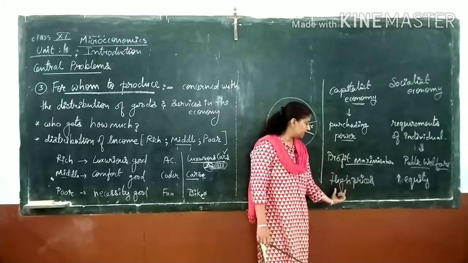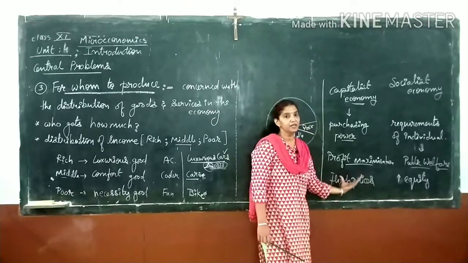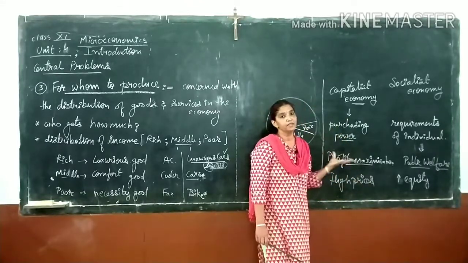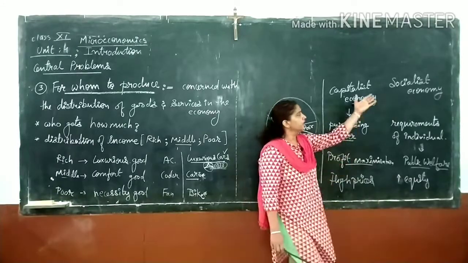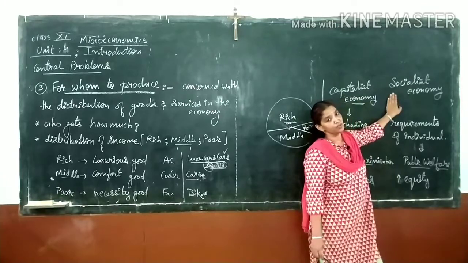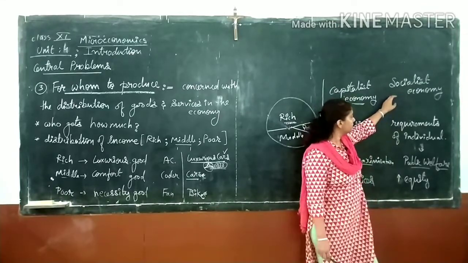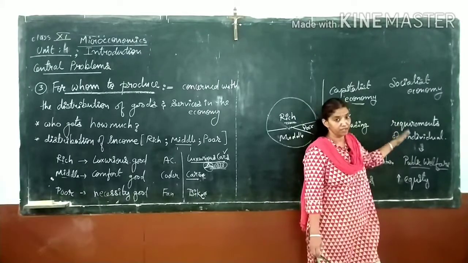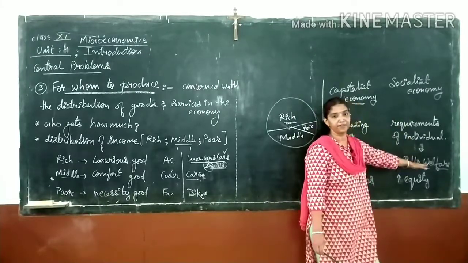In that case the prices remain higher, and the economy would focus on the richer section. If the economy is socialistic, it will not focus on profit maximization, but on the fulfillment of basic requirements of individuals and public welfare.